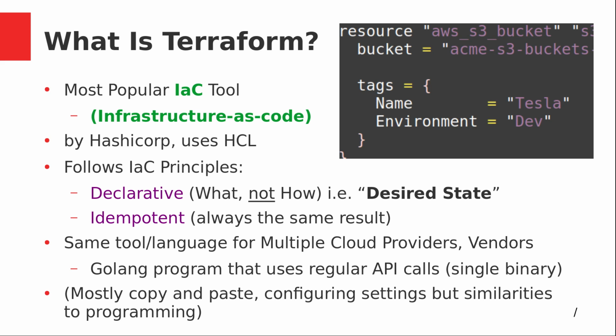And it just uses behind the scenes regular API calls to the cloud or whichever other provider it's interacting with. That's how it works. You don't have to worry about those API calls. You just use the Terraform language and let Terraform take care of the API calls in the background. Now it's mostly copy and paste, as you can see in the top right.